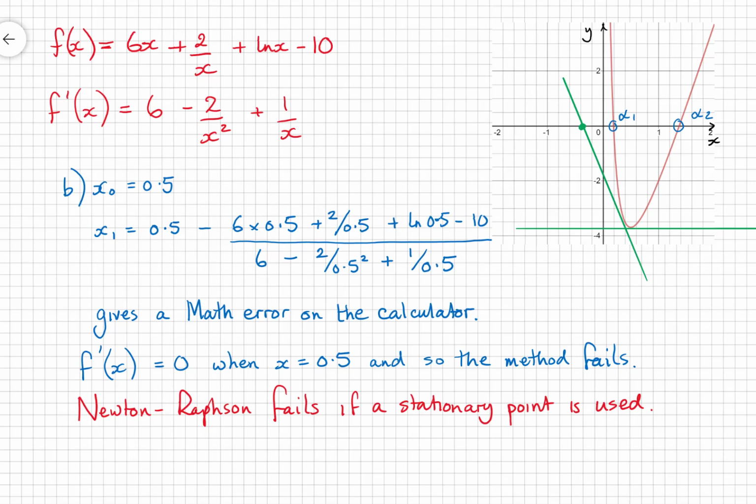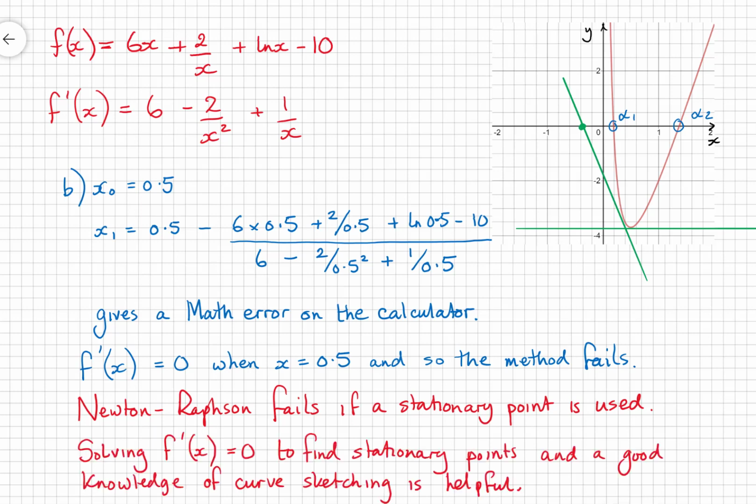It's worth saying then that having some knowledge of the shape of the curve and solving the equation f dashed of x is equal to 0 to find the stationary points are just good practice in helping to establish viable starting points when you're using Newton-Raphson.